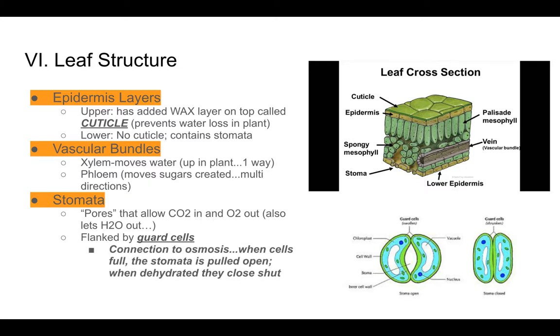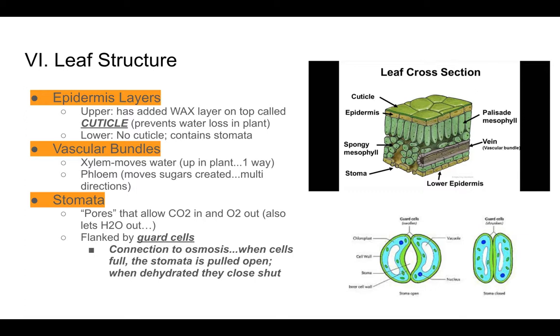When those cells swell up with water, when their vacuoles are full with water, the cells sort of pucker open and create the stomata hole. So full guard cells equal open stomata. When those guard cells don't have a ton of water in them, when they're all shriveled up, they collapse back and they don't allow a hole to exist.